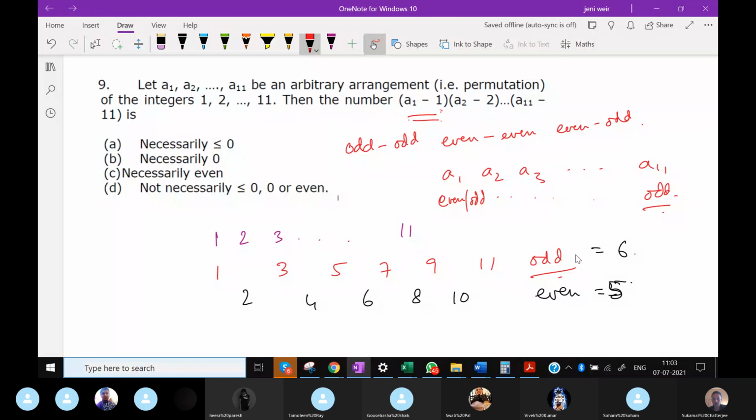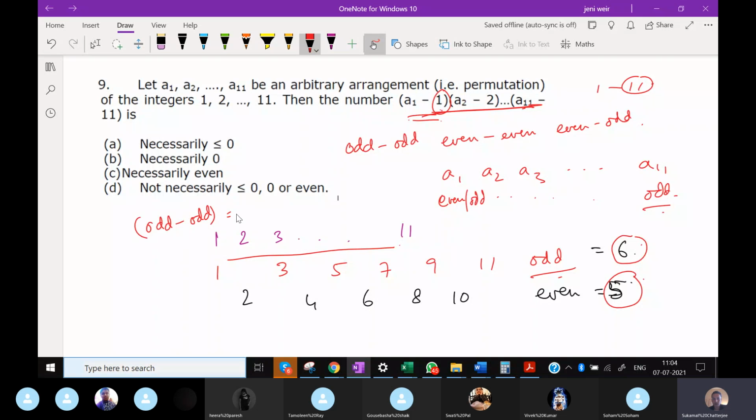So we have 6 odd numbers and 5 even numbers, right? So therefore, no matter how I consume these numbers, there would be one odd number from these 1 to 11 left, and there will be one odd number from the original set left. So there has to be necessarily one odd minus odd, which is even. The rest can be combined with each other.